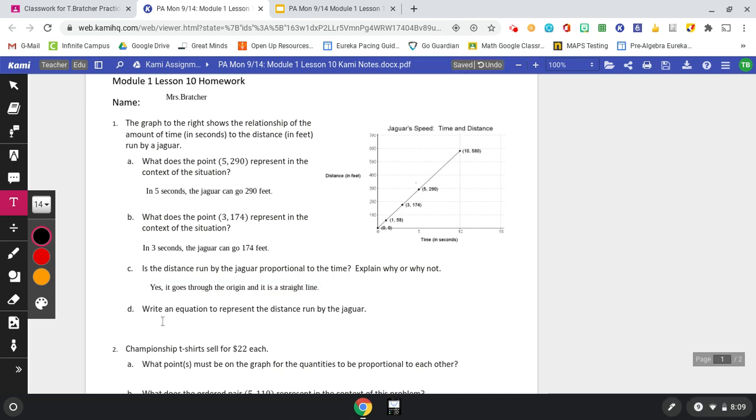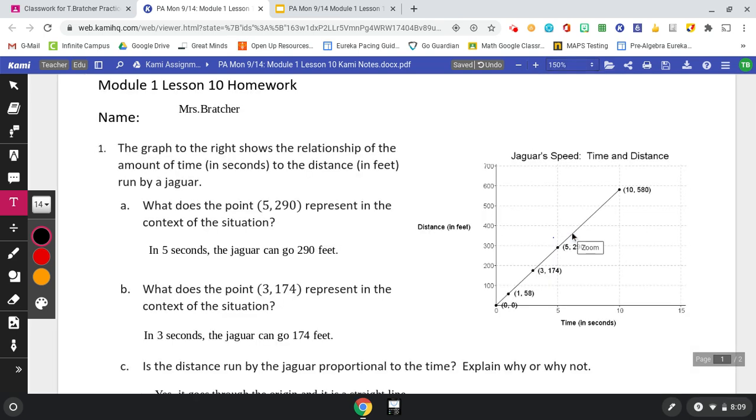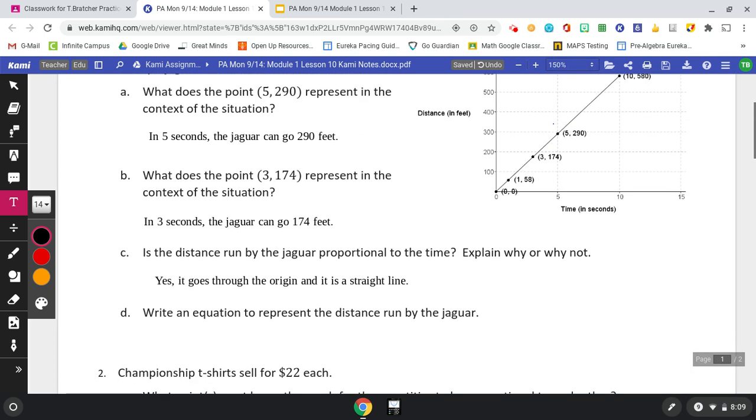So the last one says write an equation to represent the distance run by the Jaguar. So I'm going to increase this so you can see it a little bit better. Remember, wherever our x value is 1, that's our unit rate, and our y will give me that k value in our equation. So this point right here, 1, 58, is telling me that when my x value is 1, which is what I want, then my y value is 58.